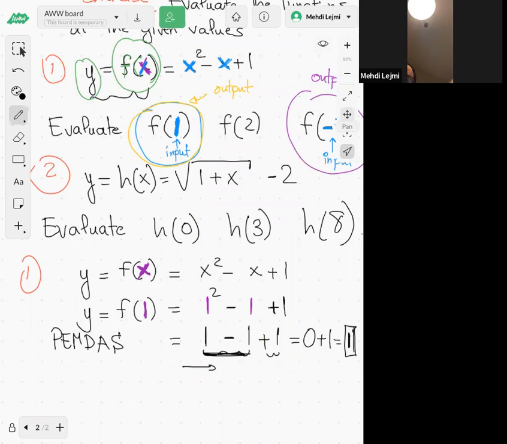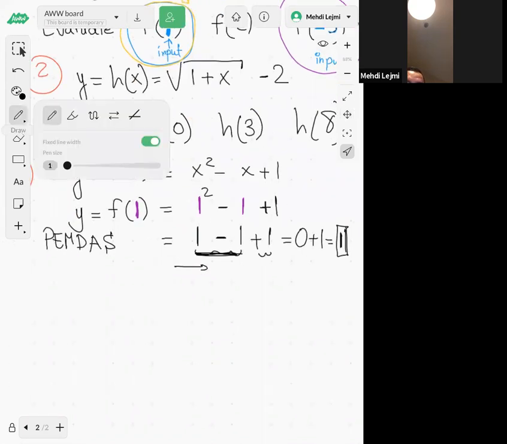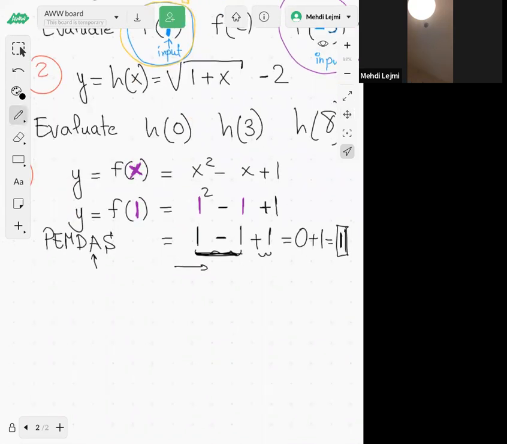In PEMDAS, the A stands for addition and the S stands for subtraction, but it doesn't mean that the addition comes before the subtraction. They are on the same level, so when we have addition and subtraction at the same time, you go from left to right.